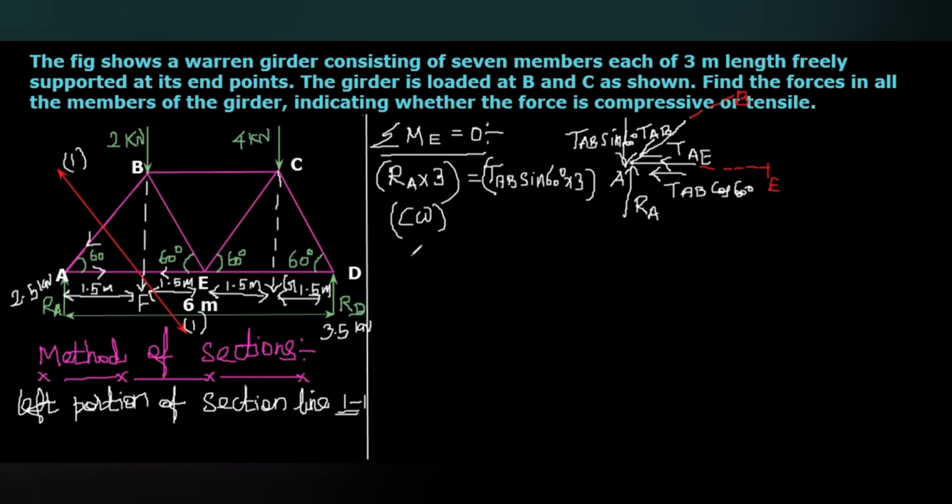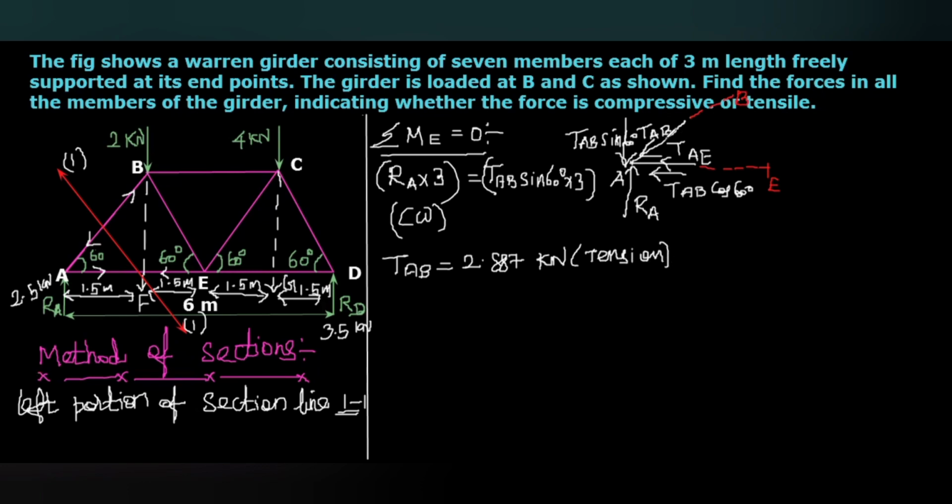So from this we can get the value of tension in the member AB, that equals 2.887 kilonewton. And here you can see for the point A it is acting inward, so for the point B also it is acting inward. So from the direction you can see this is tensile in nature.